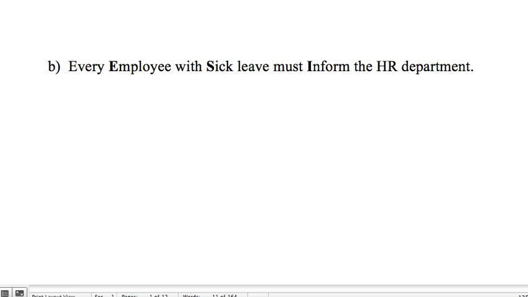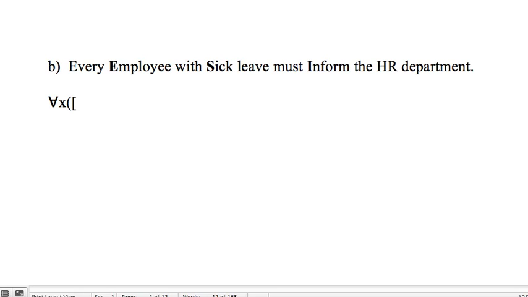Here's our first example. Ask yourself, what kind of sentence is it? And see what you can do by way of coming up with a solution. Well, as for what kind of sentence it is, it's a universal sentence. It says something about every member of a certain class, what class or group, employees with sick leave.